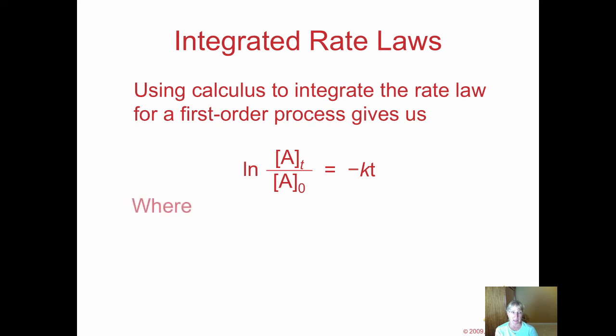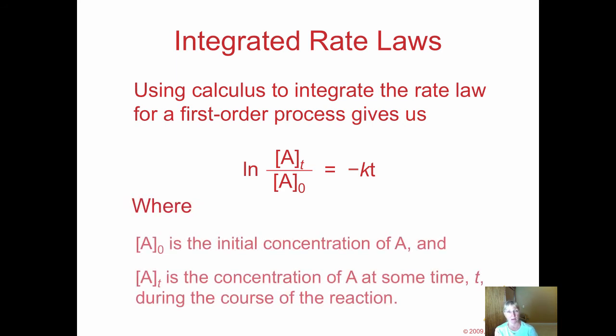Now what you can do to clean this up, remember that curvy line versus straight line thing I alluded to a little while ago, you can take the natural log of the concentration of A at some time divided by the concentration of A at time equals 0 at the start.